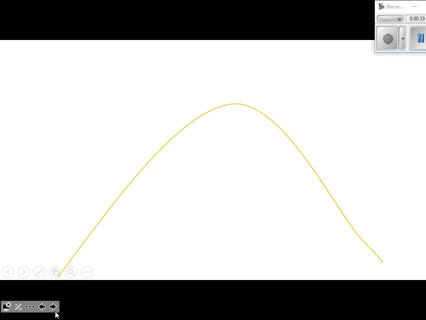So, as I look at the hill here, we're going to represent the top of the hill as the high concentration. High part of the hill, high concentration.